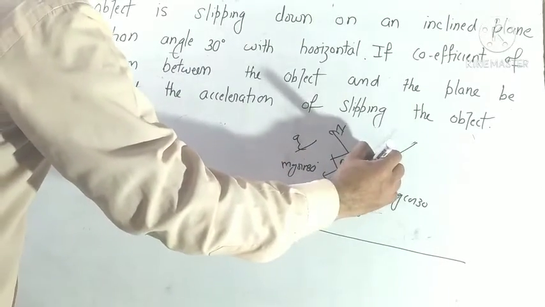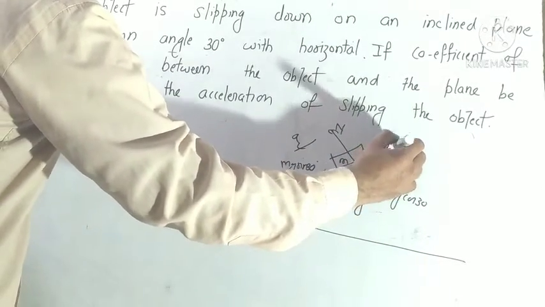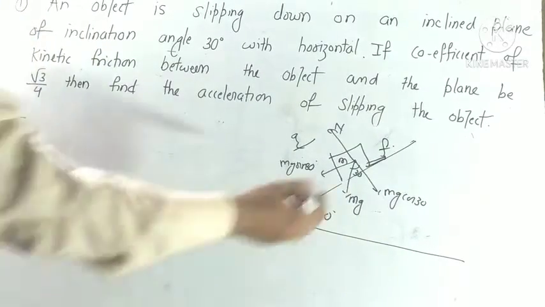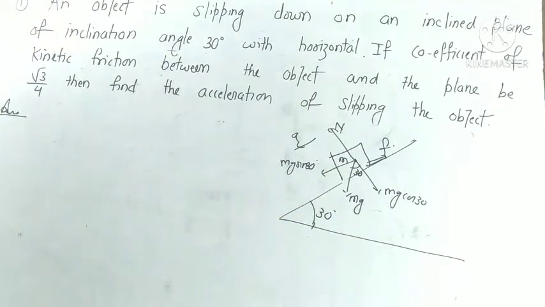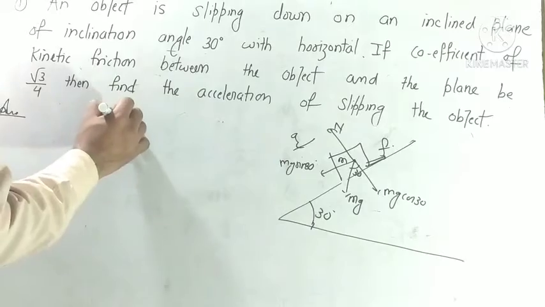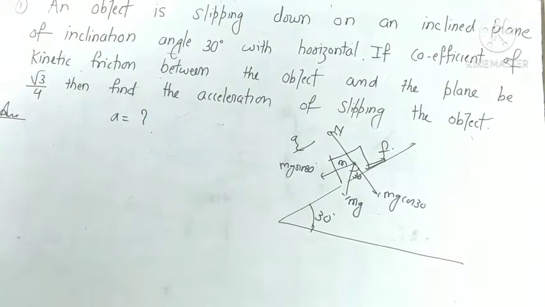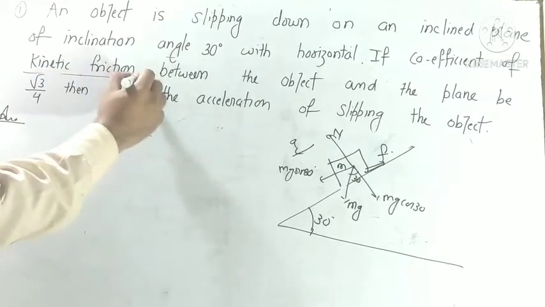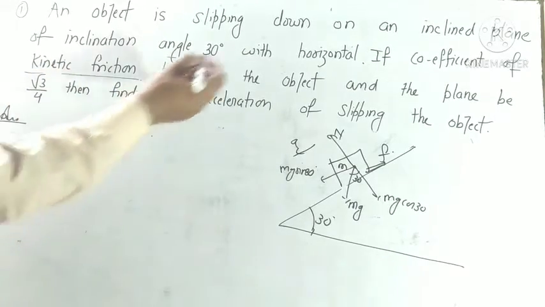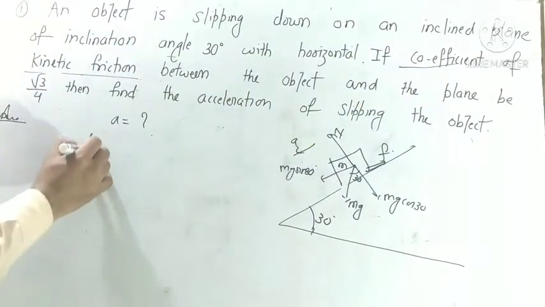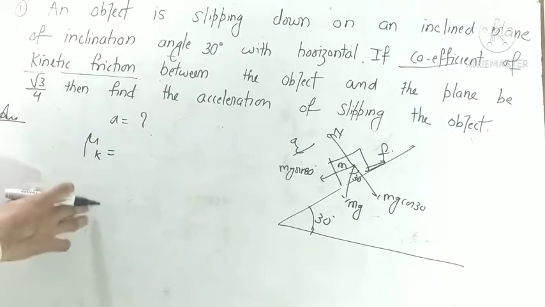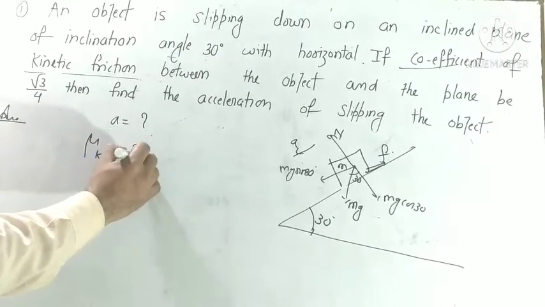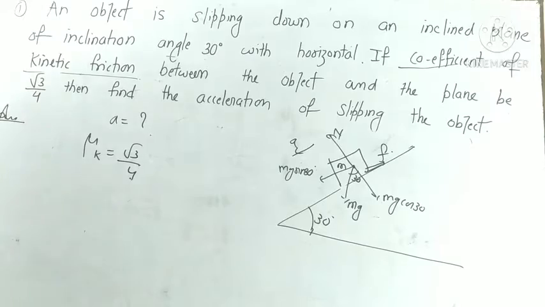Now the frictional force opposes the motion, which is produced between the contact surfaces of these two bodies. So now we have to find the value of acceleration. The coefficient of kinetic friction between these bodies is already given here, so mu k is equal to root 3 by 4.